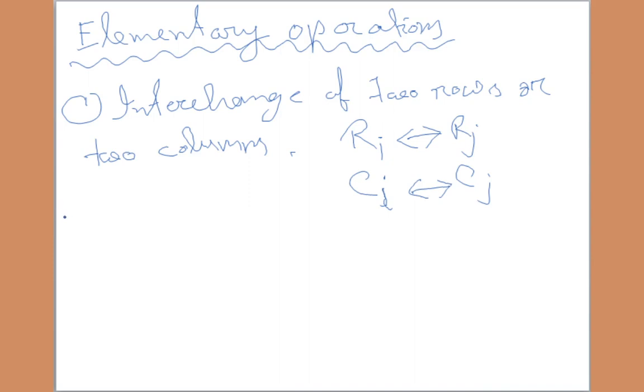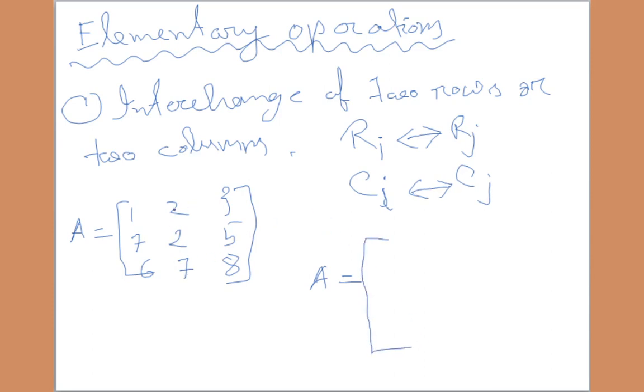How can we apply it? Suppose a matrix 1 2 3, 7 2 5, 6 7 8. Suppose we apply row transformation in this matrix. Suppose we have to interchange the first row and third row of this matrix.